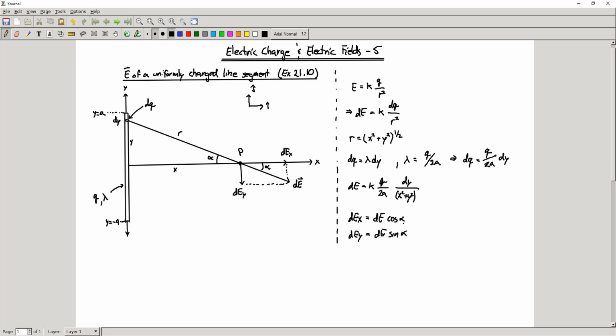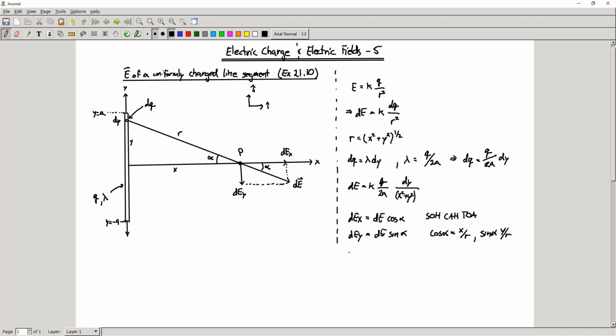But what are cos alpha and sine alpha? Well, we can easily get that from this side of the triangle. Using our mnemonic here, we can see right away that cos alpha is going to be equal to x over r, and sine alpha is going to be equal to y over r.